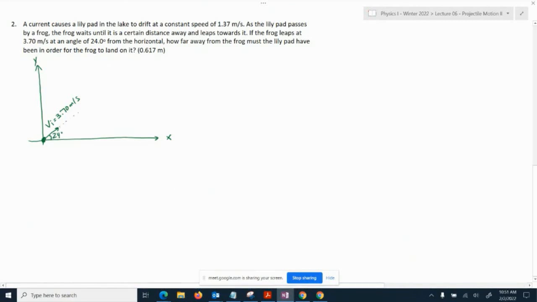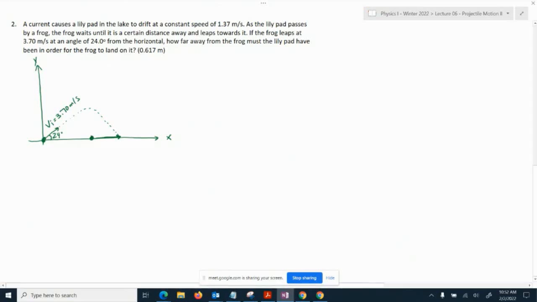And at that moment, there is a lily pad that is in front of it somewhere. So let's say the lily pad's right here. It's already passed by it. And the lily pad is traveling this way. And that frog is going to leap and it's going to land right on the lily pad. So what the question is asking is how far away from the frog must the lily pad have been?